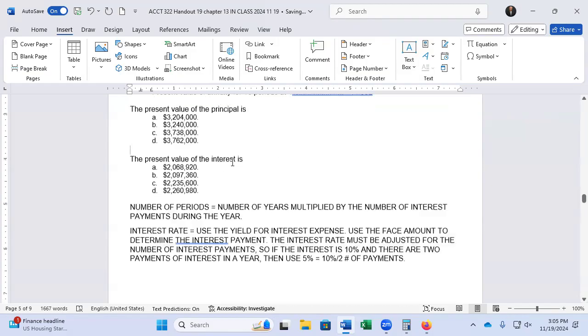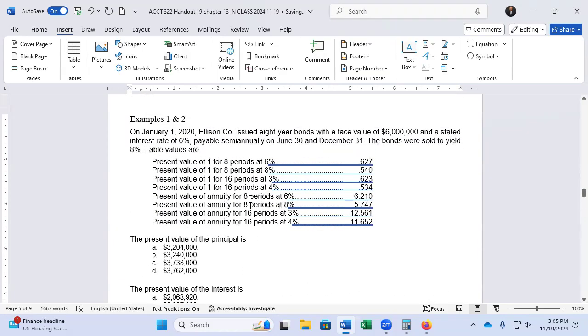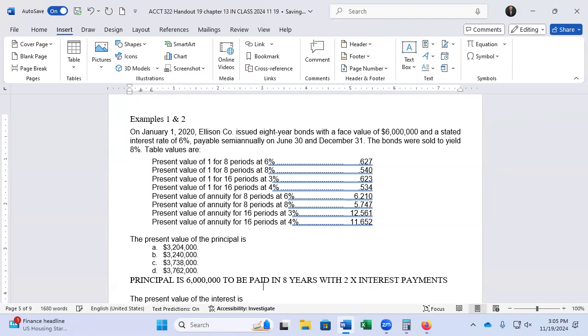Okay, I'll give you guys another few seconds there. Okay. So the present value of the principal is 6 million to be paid in 8 years with 2 interest payments a year.